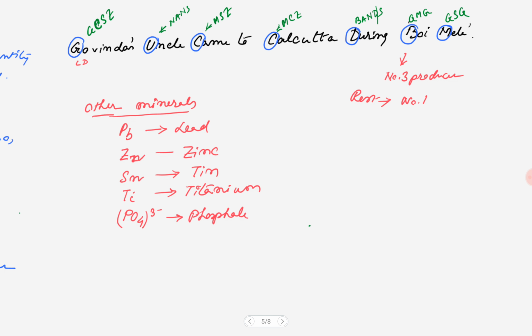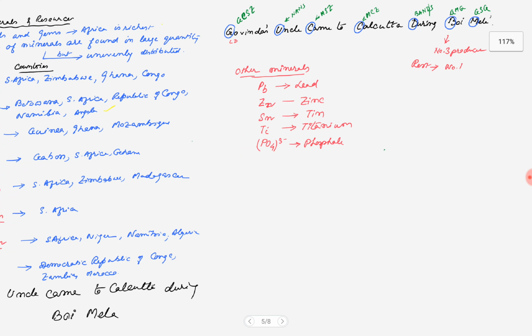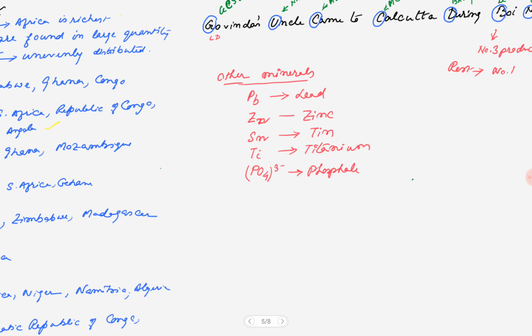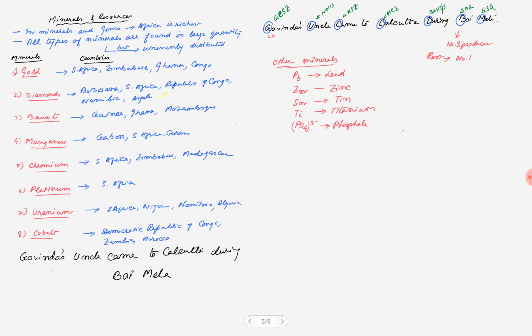So G for gold, U for uranium, and C for chromium, and this C is for cobalt, and this D is for diamond, and this B is for bauxite, and M is for manganese.